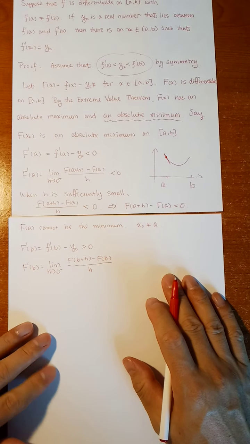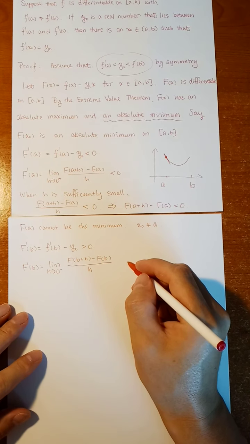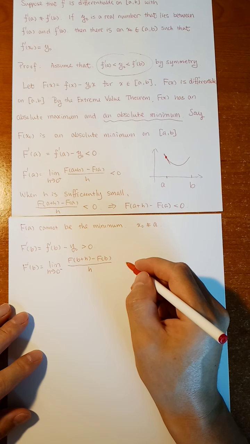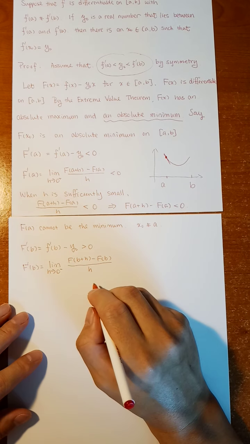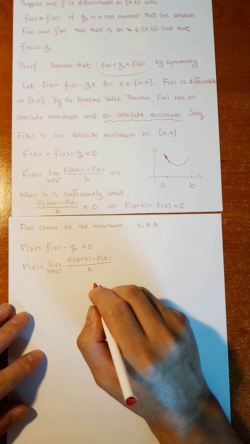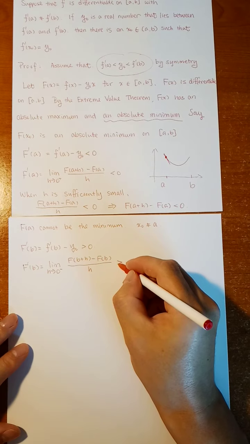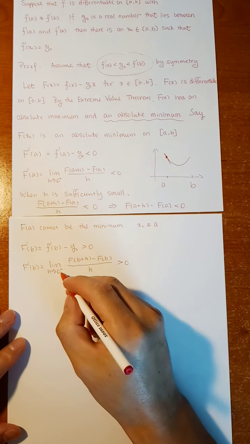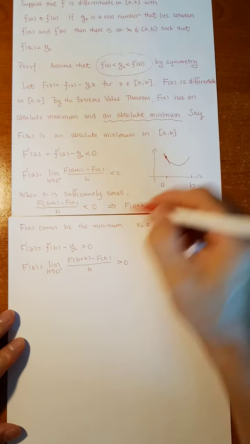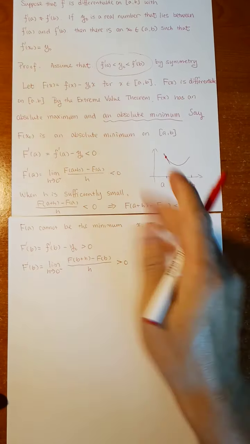Okay, and what is this? It's greater than 0, but h approaches 0, and this is the right-hand side. This increment has to be negative.